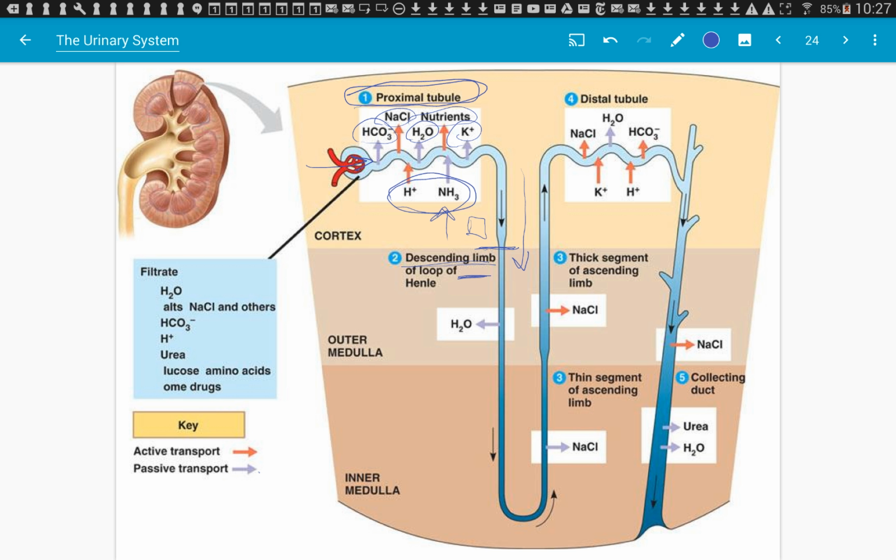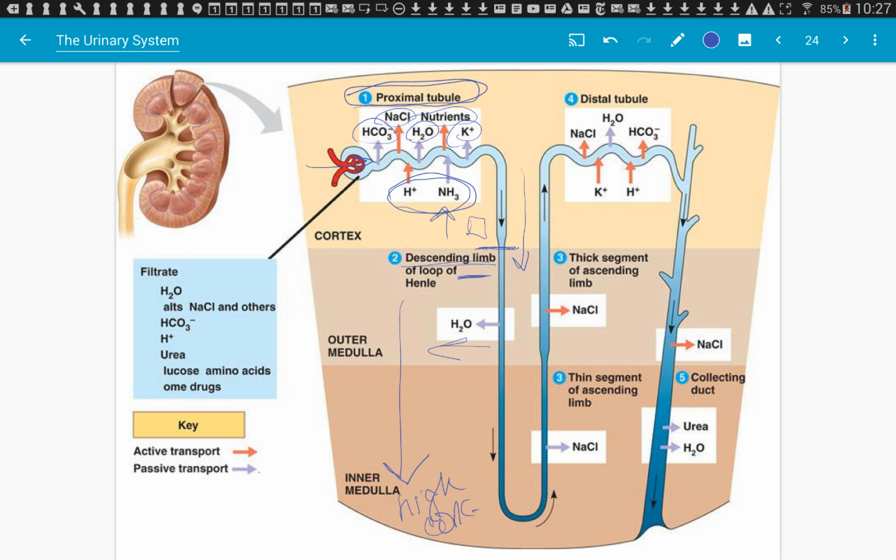When you have the simple squamous epithelial cells in the descending loop of Henle, that makes it super easy for water to just diffuse across. And water, this is osmosis, this has to do with the concentration gradient. The closer you get to the inner medulla, the higher the concentration is in the tissue surrounding these nephrons.